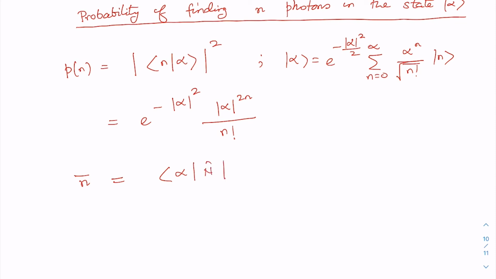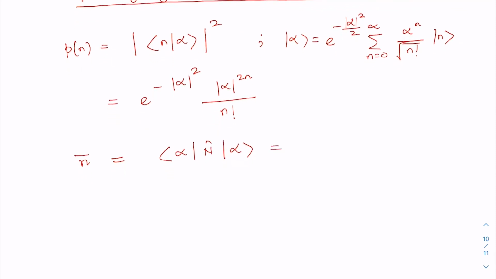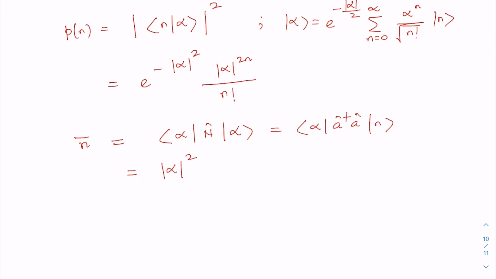You just have to take the expectation value of the number operator, and this number operator here is a dagger a, and you can immediately see that this is nothing but mod alpha square. So in terms of this mean number, you can express this probability expression like this: e to the power minus n bar, and it would be n bar to the power n divided by n factorial.